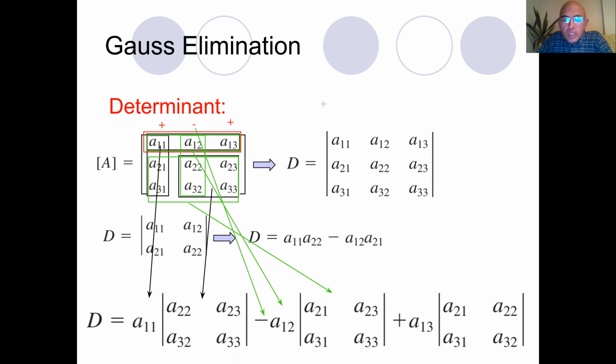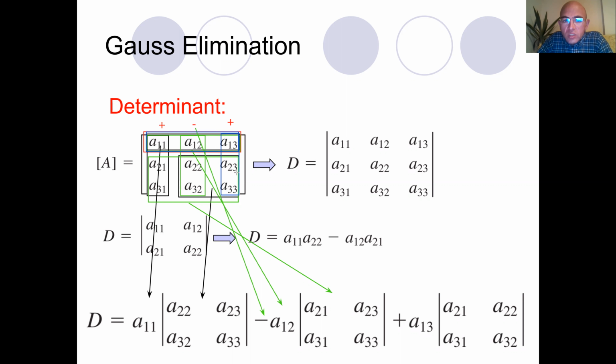Now for the third one, my member is A13. I exclude the corresponding row, which the A13 is in, and corresponding column.